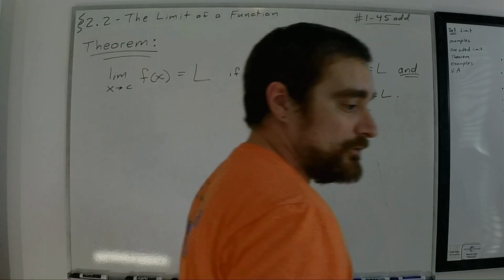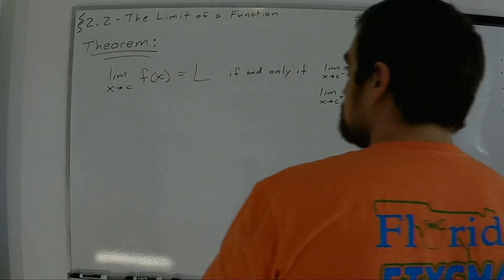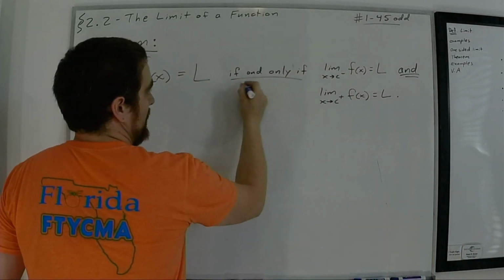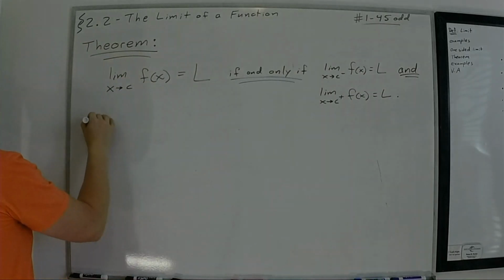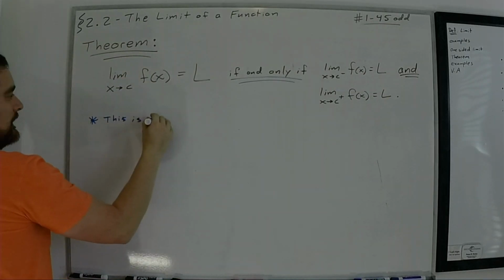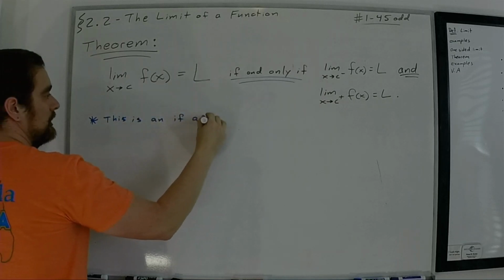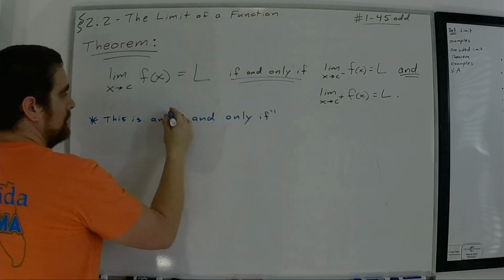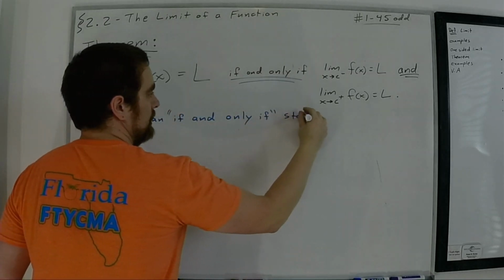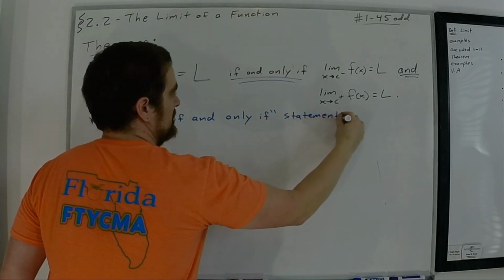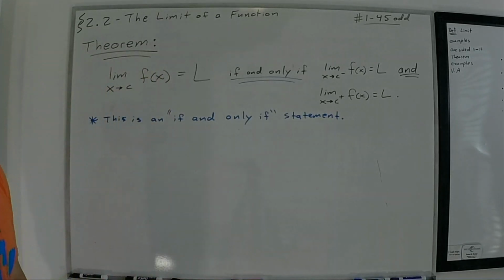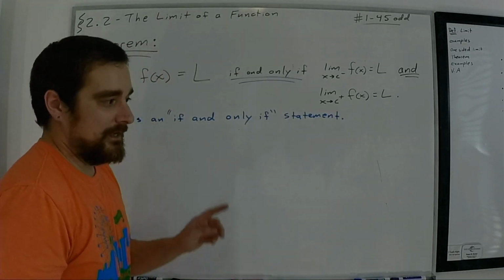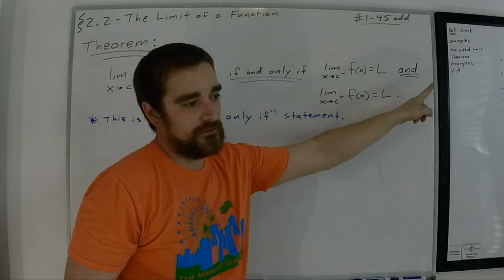Now, when you look at criteria like this, this is what we call an if and only if statement. That is very important because it's a lot more powerful than saying, well, this happens only if this happens.